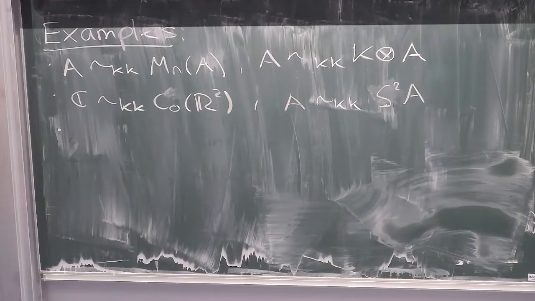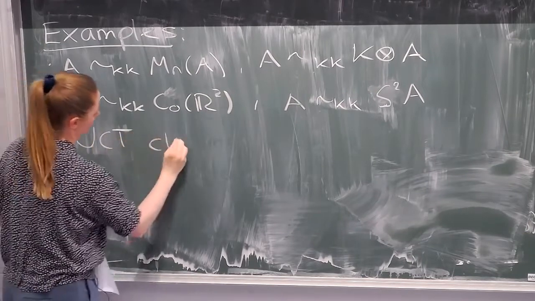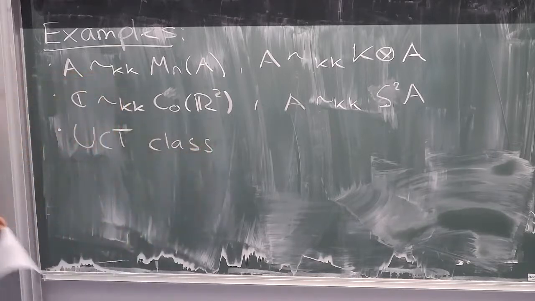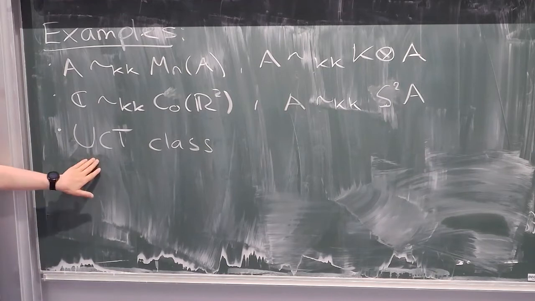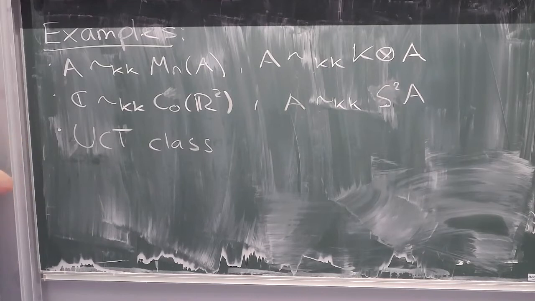Then let me also mention again the UCT class. I will not go into the details, but as I also mentioned in my talk, if we have C*-algebras satisfying what is called the universal coefficient theorem, then the KK-theory is completely given by the K-theory. So we just have to look at the K-theory to determine if they are KK-equivalent.